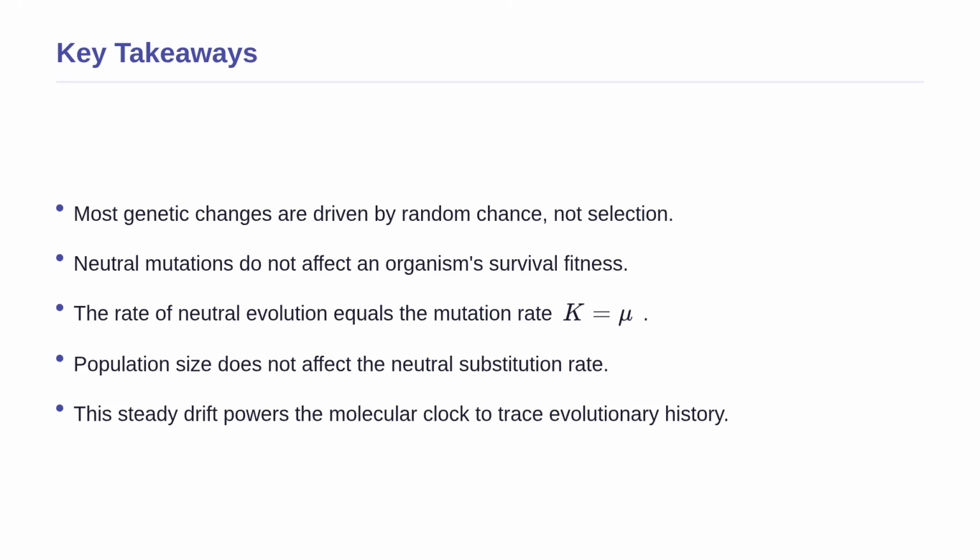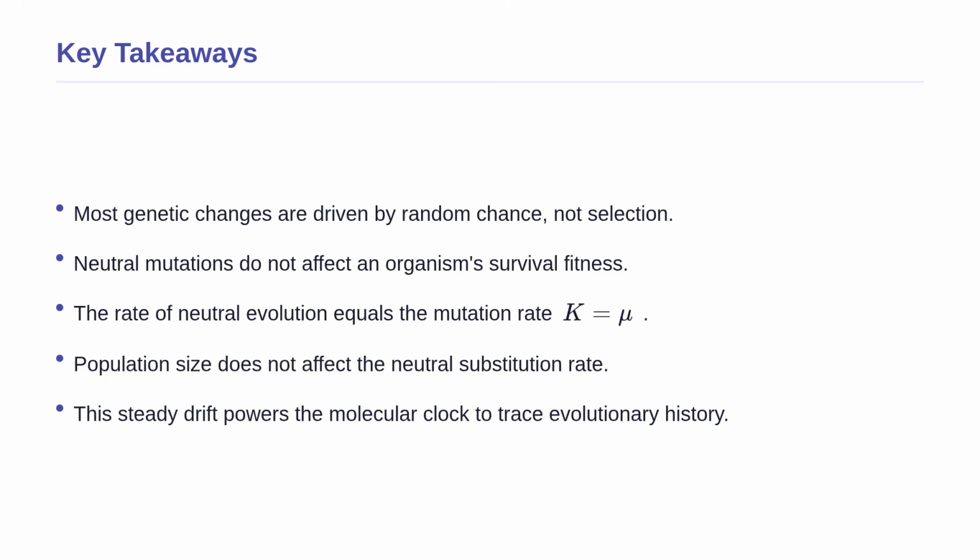We have covered a lot of ground today, so let us summarize the most important ideas. First, the neutral theory fundamentally reshaped biology by showing that the vast majority of genetic changes are driven by random chance, not natural selection. These neutral mutations are harmless and do not affect an organism's fitness.